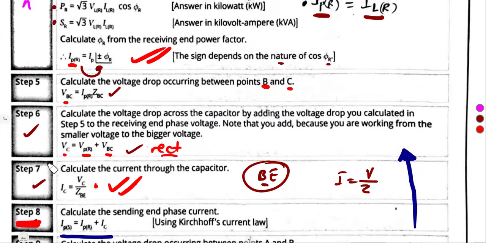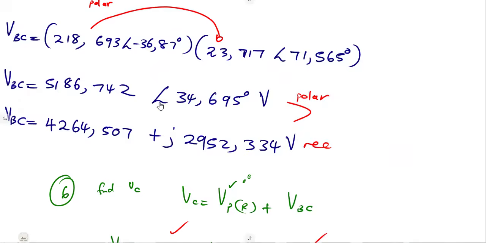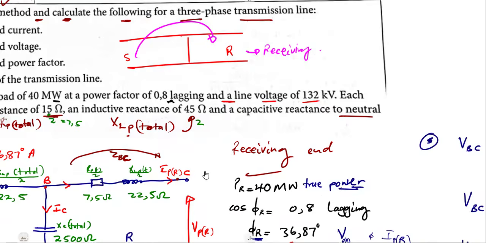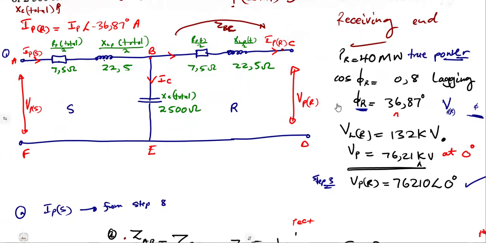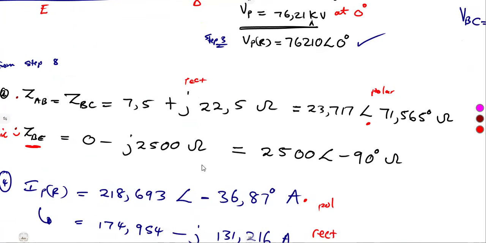To find that current, that's our step 7: the voltage across the capacitor over its impedance, which is ZBE. Remember, BE is the one across the capacitor. And we remember the impedance BE in polar form.